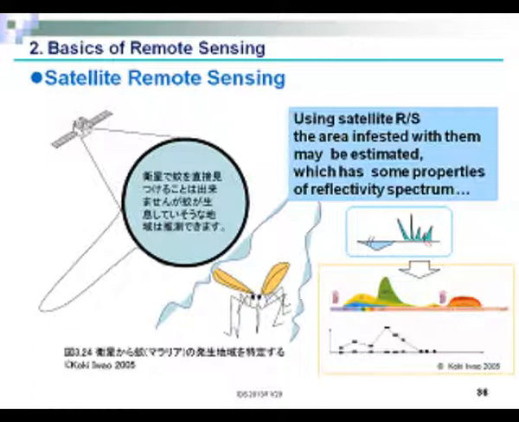Maybe we cannot see the mosquito, it is too small, but we can know the area using remote sensing.